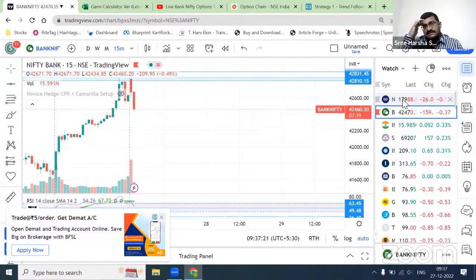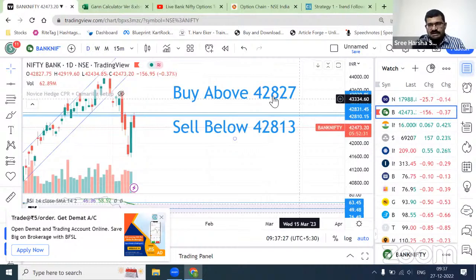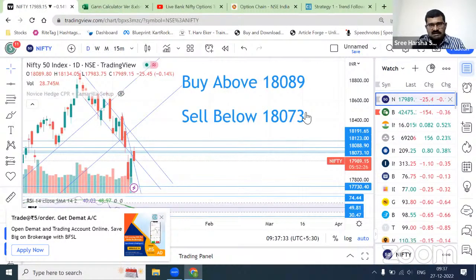For us, the confirmation is we need to trade above this. We need to trade above 42,827, and we need to trade above 18,089. These are very important.